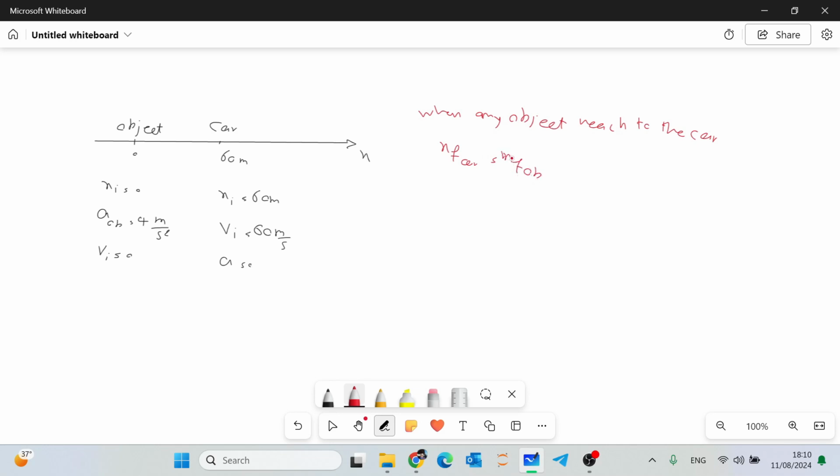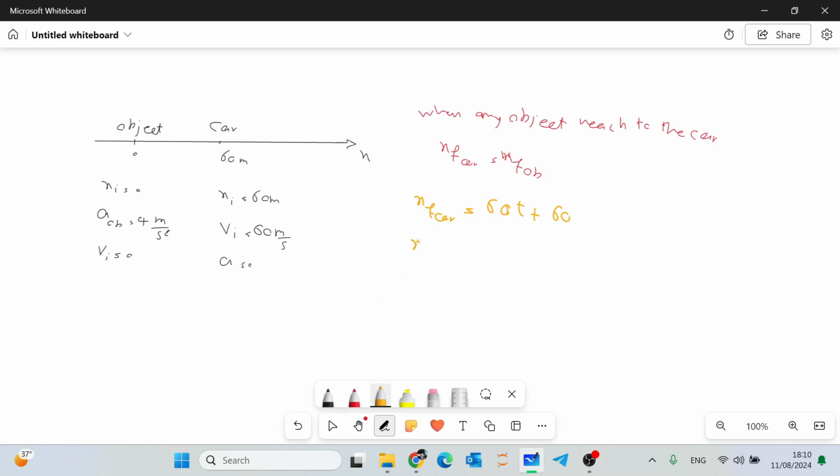So to do this, I should obtain the equation of my car's final position. The equation of displacement for the car, because it doesn't have any acceleration, but it has initial velocity, is 60 times t plus the initial position, 60 meters.